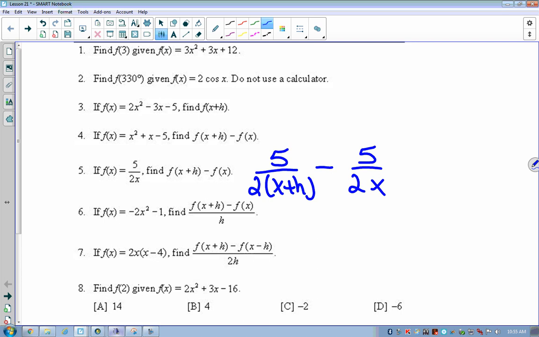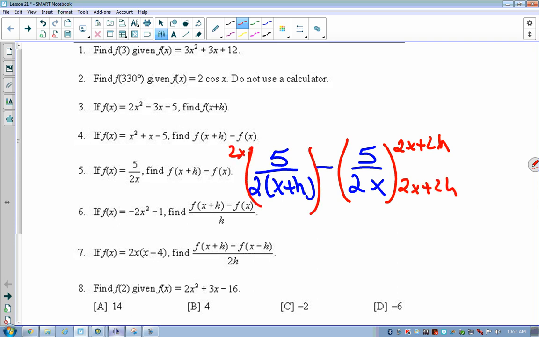So when in doubt, multiply both sides by the other side's denominator, correct? Okay. So multiply this over here by 2x plus 2h, because that's what this is, right? Yes? Okay. 2x plus 2h. Oh, multiply all of this by 2x. Okay. Over here, I've got 10x.